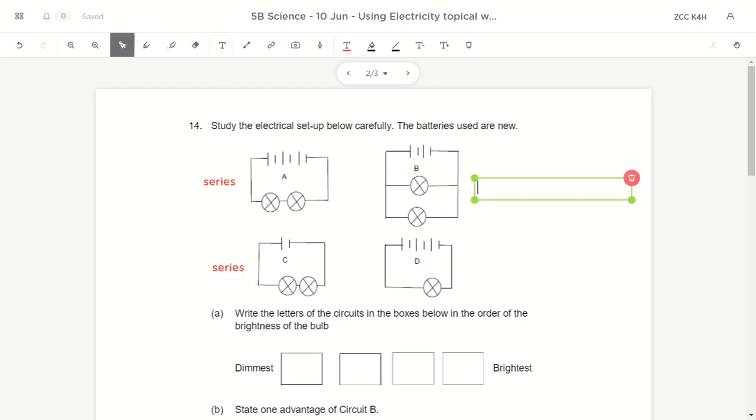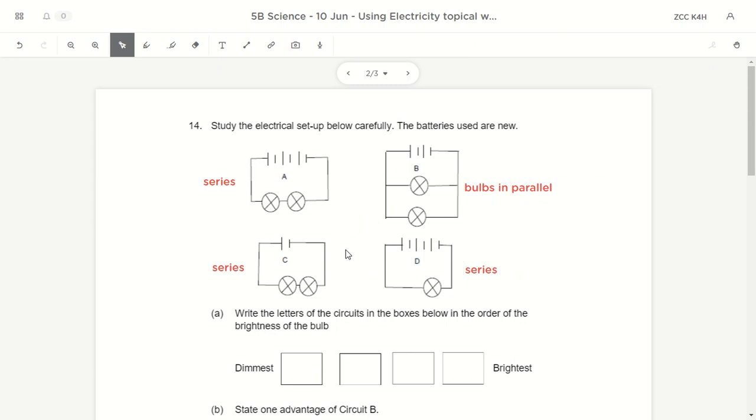This one, the bulbs are in parallel. And the next one, this is also series, batteries in series. So you have three series circuits and one bulbs in parallel circuit.